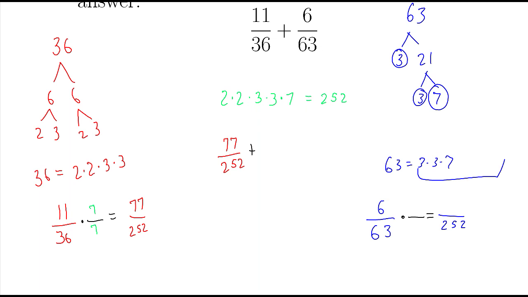If I'm trying to get this, what's missing? The 2 and the 2. 2 times 2 is 4. That works here as well. What is it missing to get this? It's missing the 7. So 4. 63 times 4 is 252. 6 times 4 is 24.